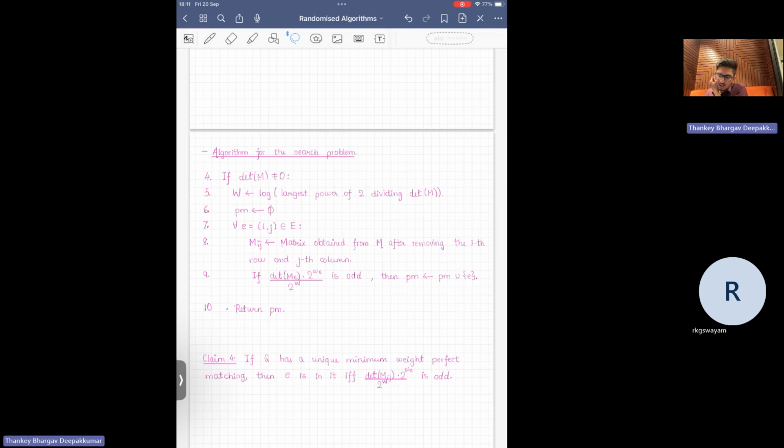We proceed only if the determinant of M is non-zero, because if the determinant is zero, then with very high probability there is no perfect matching. So we only proceed if the determinant of M is non-zero.